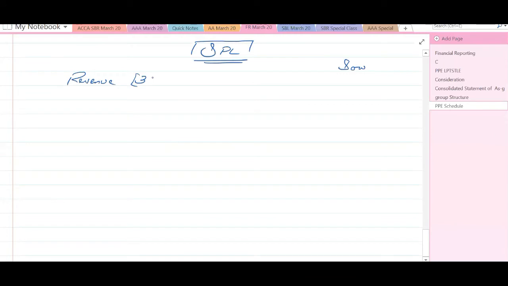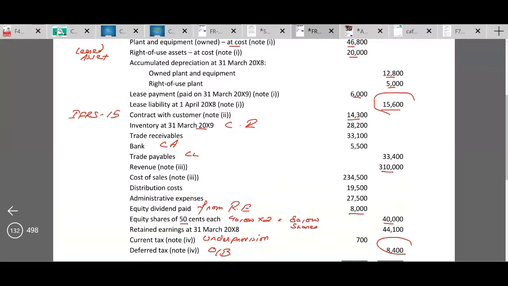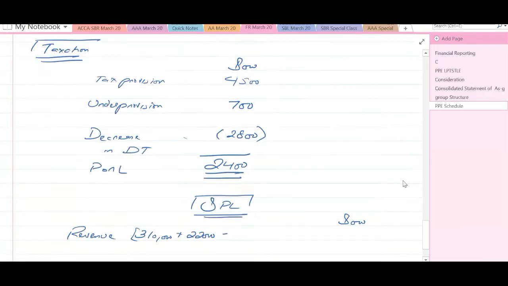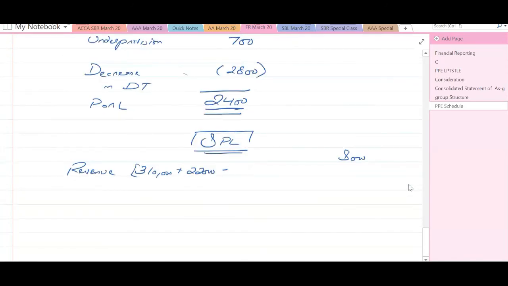But in this 3,10,000, we are supposed to add the 22,000 which was on the construction contract, and we have to reverse how much from it? 8,000 from this. So it's 3,10,000 plus 22,000 minus 8,000. It gives you 3,24,000.